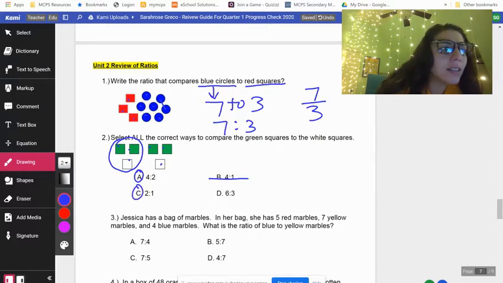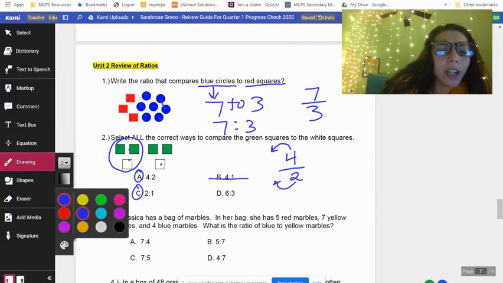And for D, 6 to 3. We could do a ratio. We could break it down. So if we originally started with 4 to 2, we could cut them in half and divide each part by 2.